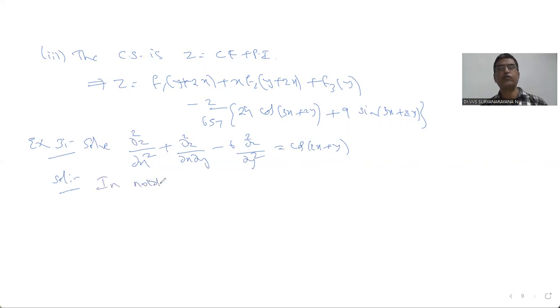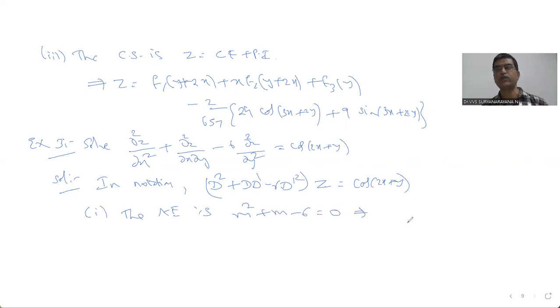So in notation form, the given differential equation is D square of z plus D dash of z minus 6 into D dash square of z, giving cos 2x plus y. Yes. Step number 1, the auxiliary equation is replace D with m. So first term becomes m square, second term becomes m into 1, third term becomes minus 6 into 1.